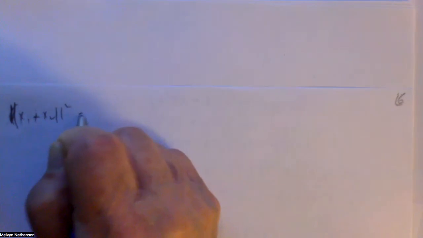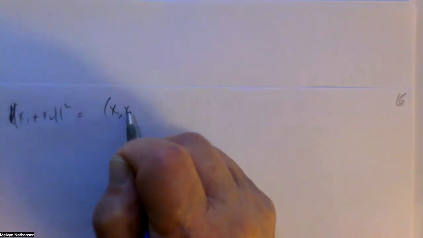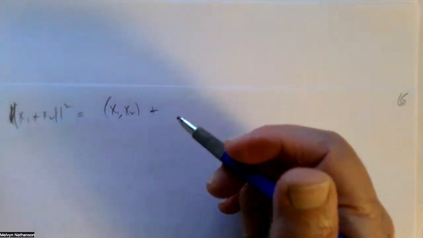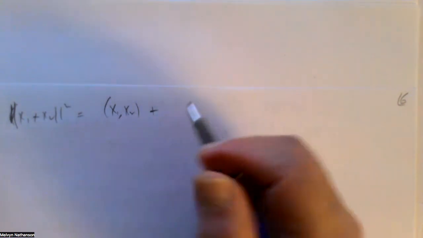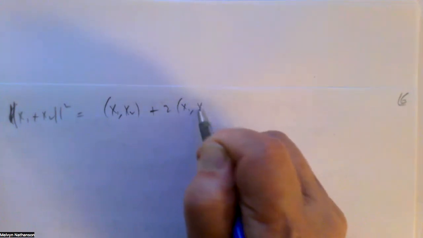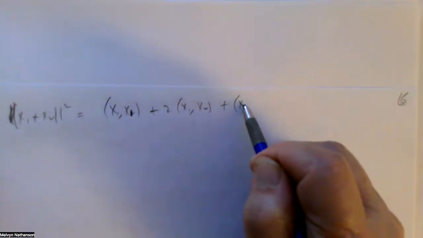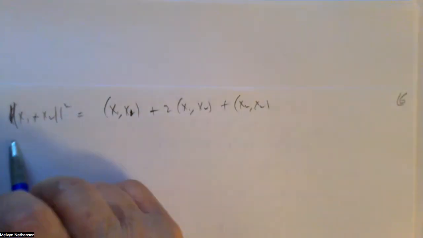So let me just write down again what I calculated. The length of x1 plus x2 squared is ⟨x1, x1⟩ plus 2⟨x1, x2⟩ plus ⟨x2, x2⟩.